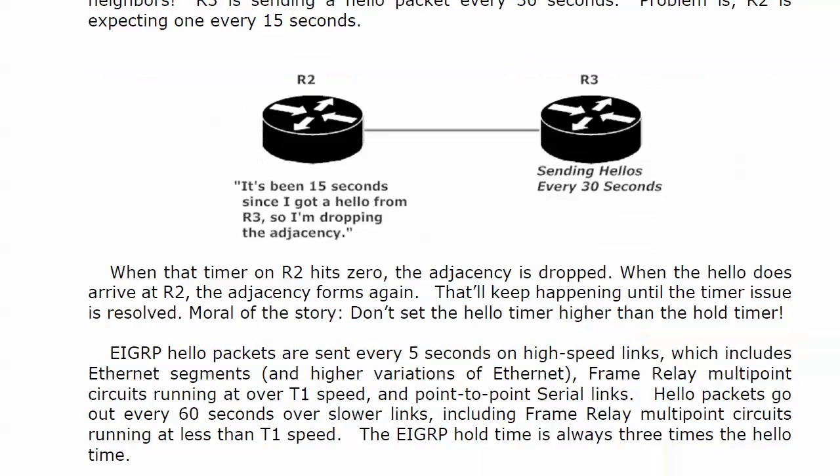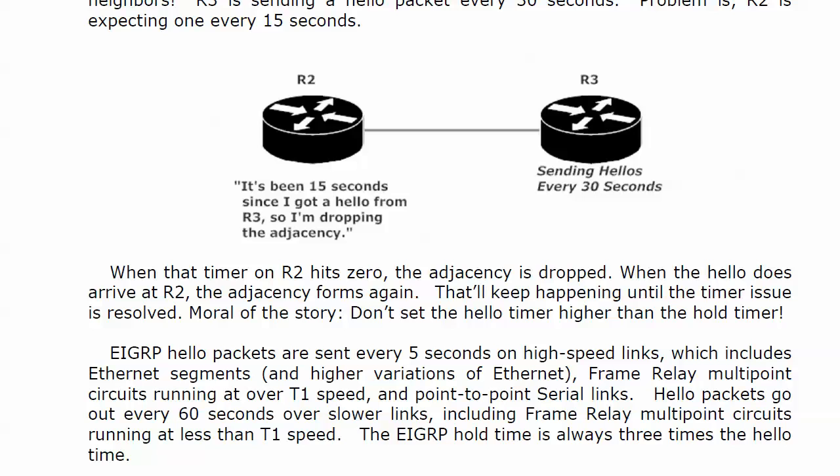Now, let's talk about those timers just a bit here. With our EIGRP hello packets, they're going to be sent out every 5 seconds on high-speed links. And EIGRP's definition of high speed includes an Ethernet segment and higher variations of Ethernet. And we did see that with our show interface command.